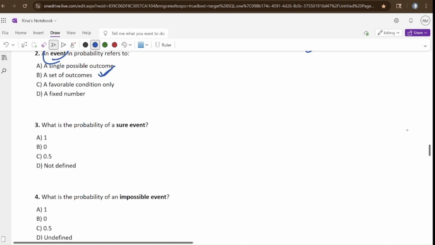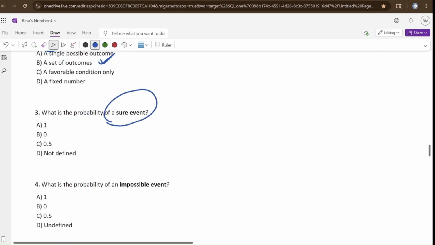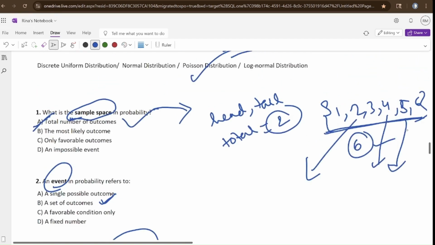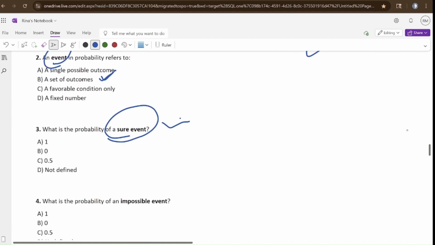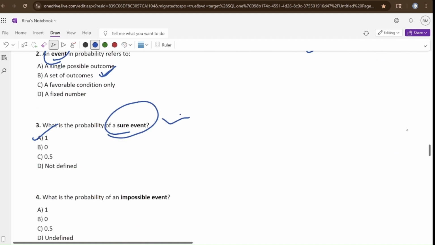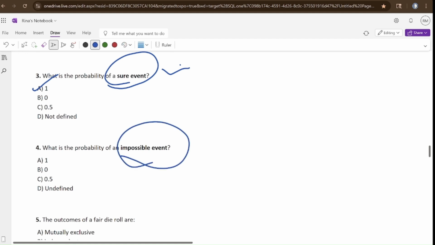Okay. Next question. What is the probability of a sure event? Sure means that will happen, right? If I throw any coin, so what is the probability that it will be either head or tail? 100% probability. There is nothing else other than head or tail, right? So that means the probability is 1. What is the probability of an impossible event? 0.